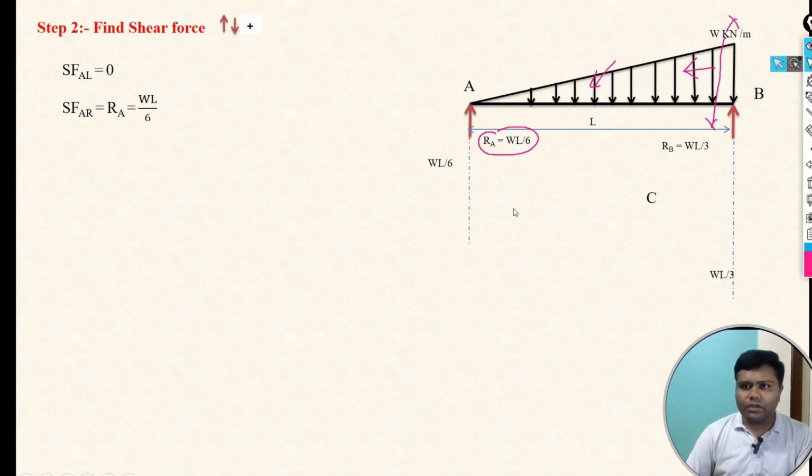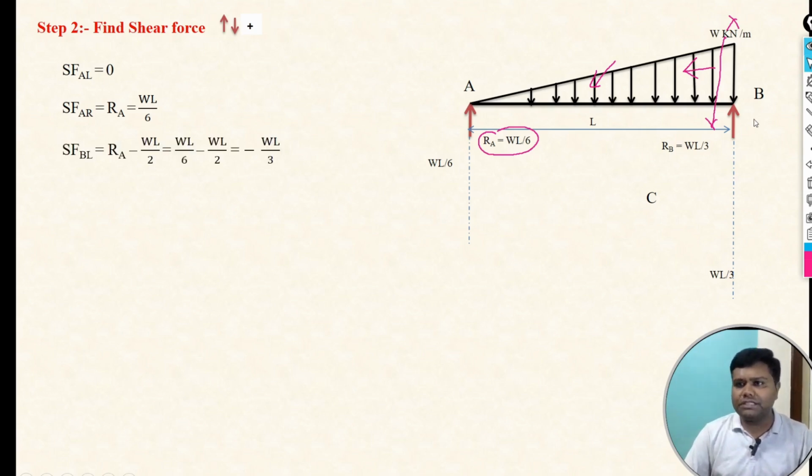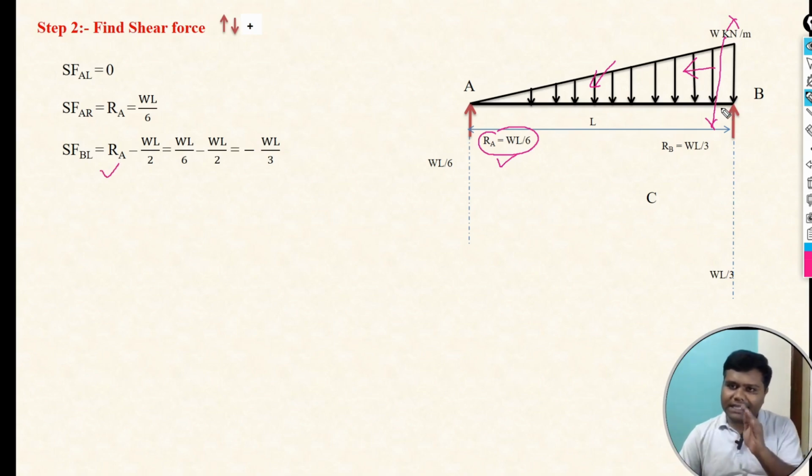Now we have to consider the shear force due to that UVL. On the left side of that section Ra is there, so we write Ra. After that, the total load covers up to B point. We are taking the section just left of B point, which means the section is nearly, or exactly, at B point.